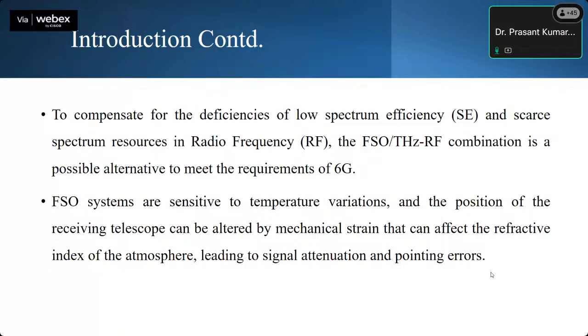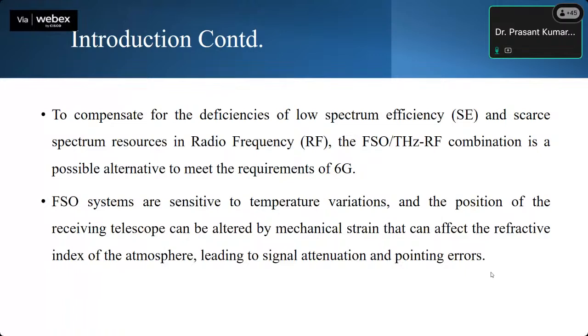There we can pitch FSO as a lone FSO or as a hybrid FSO, whereby we can go with RF FSO or FSO terahertz RF combinations. This could be a solution for this constraint on spectral efficiency and on the available spectrum for RF scenarios.